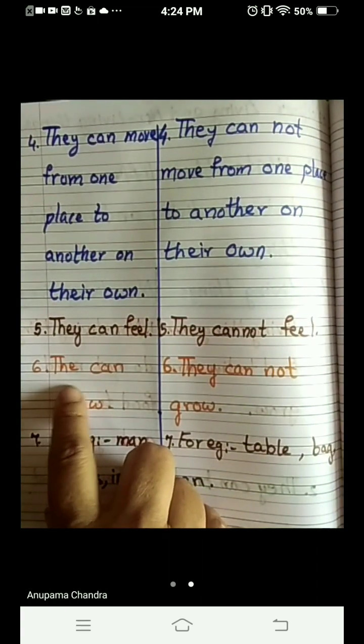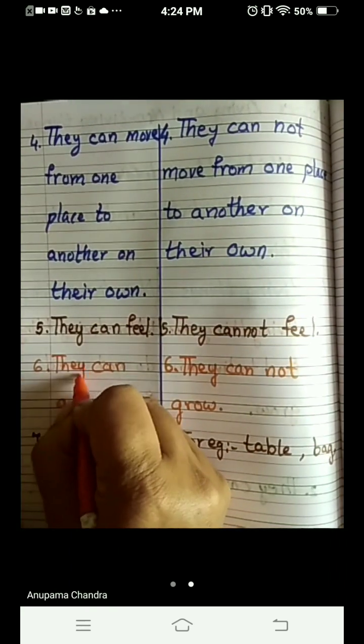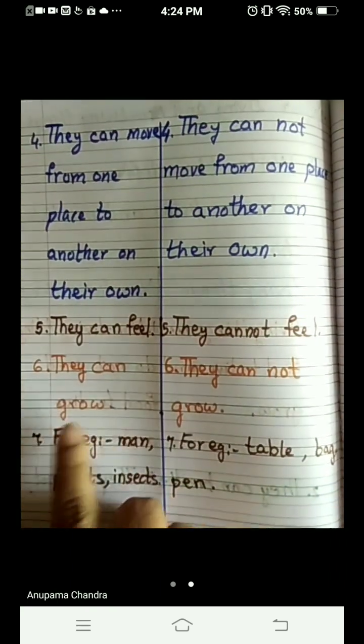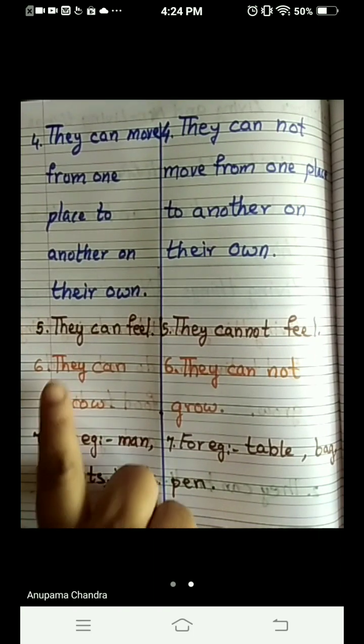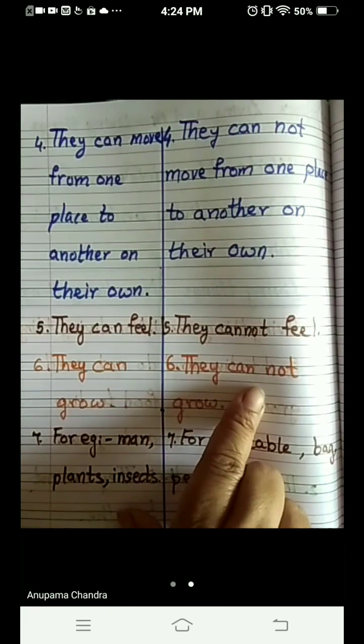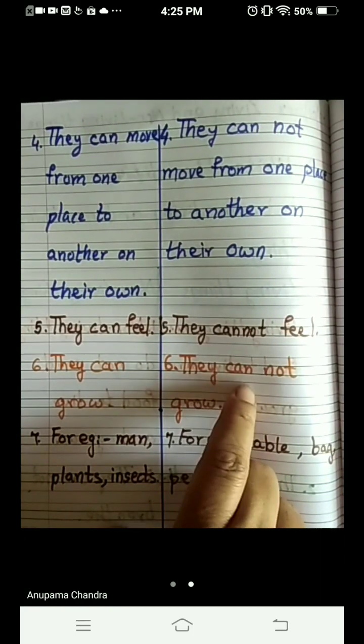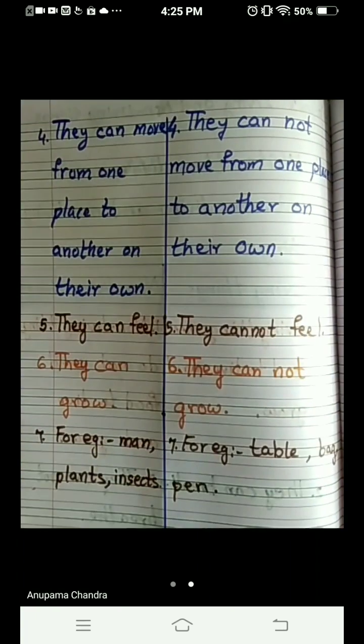Sixth one, they can grow. Living things can grow. Non-living things cannot grow.